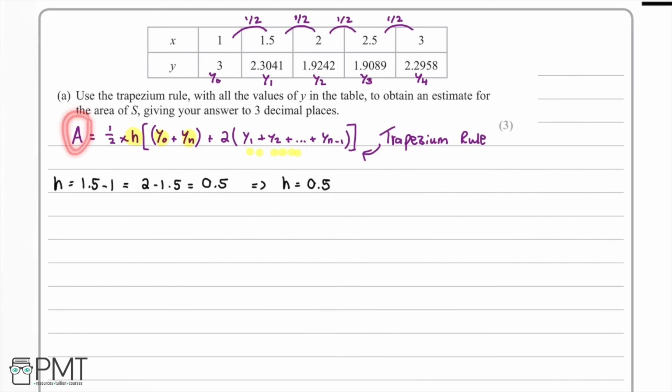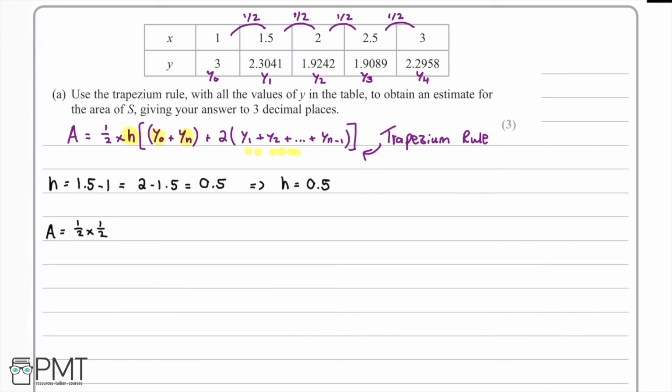Now that we have all the required information, we can say that the area is going to be equal to 1 over 2 multiplied by a half. So writing that in fraction terms as well, we're going to have 1 over 2. And then we're going to multiply this by 3, and then we're going to add that to y of 4, which is going to be equal to 2.2958.